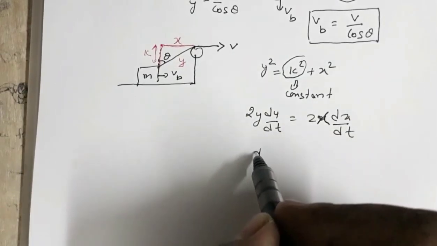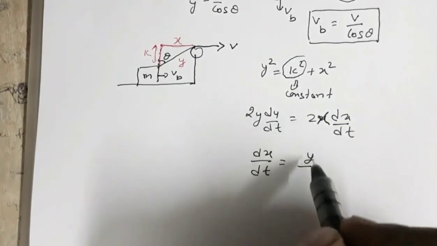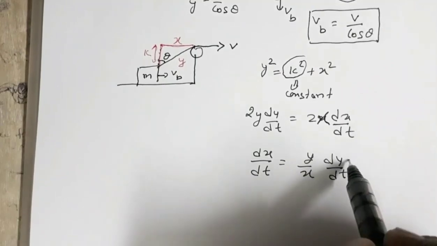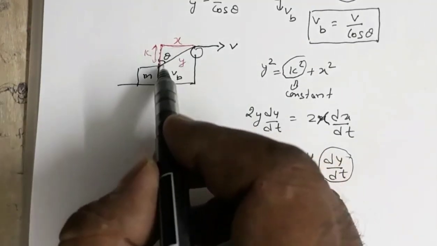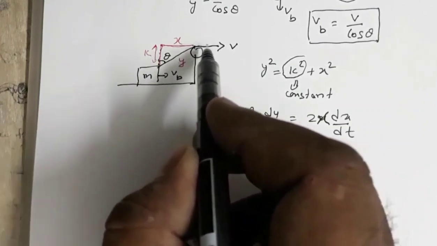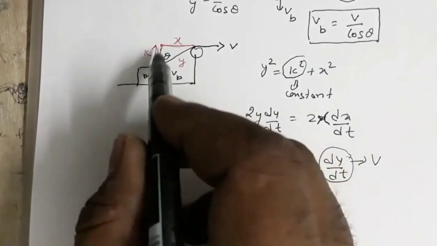So dx by dt is equal to y by x dy by dt. Now dy by dt is the rate of change of this length, which is equal to the velocity with which the string is being pulled. So this quantity is v. What is y by x?